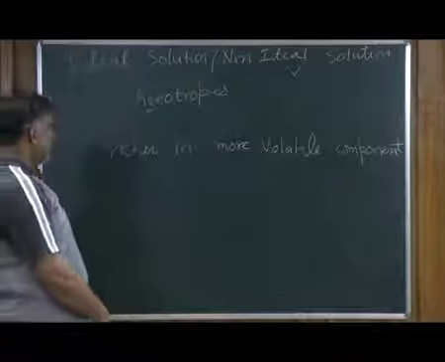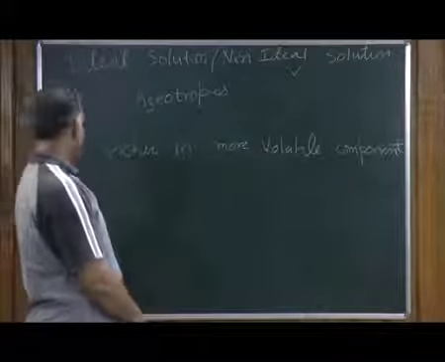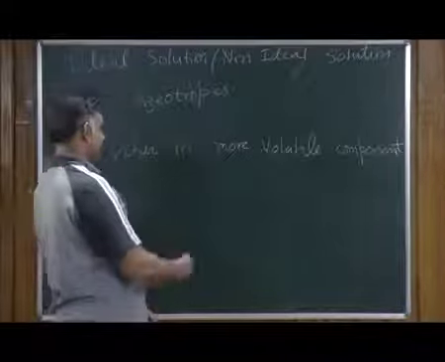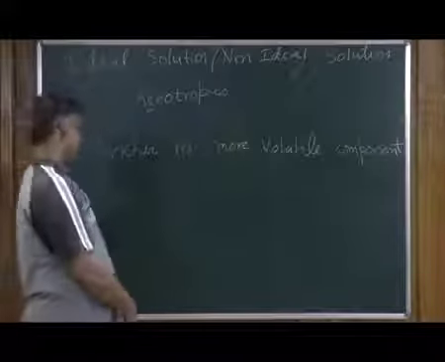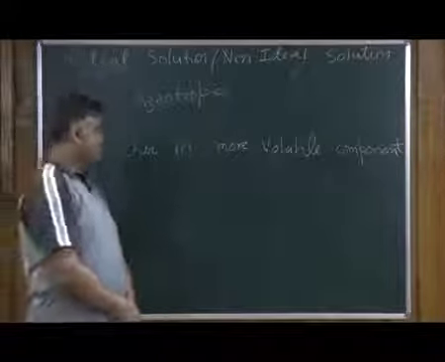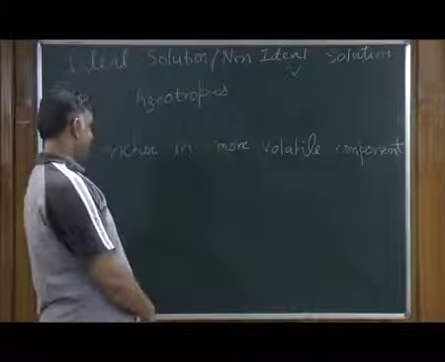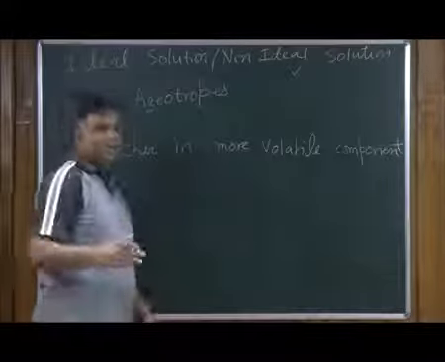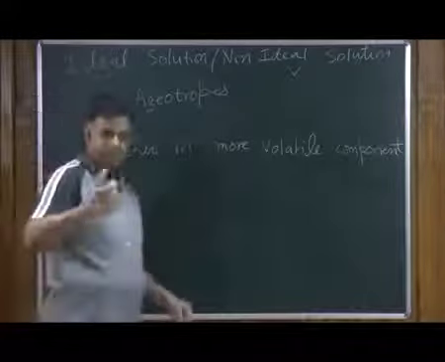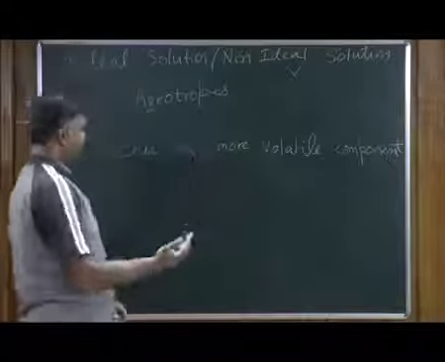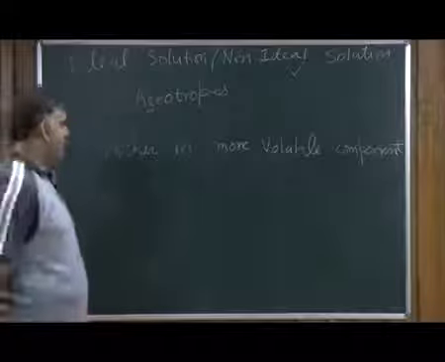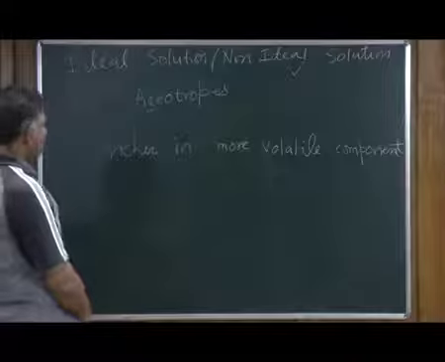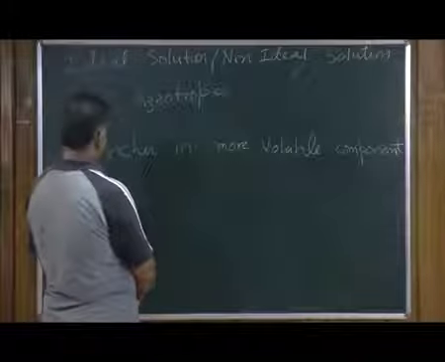And using this property, one can devise a way to separate these two components just by heating the solution, collecting the vapor which is richer in volatile component, condensing it back, again heating it, and the vapor which we are going to get from this condensate is going to be even richer in volatile component, and if we keep on doing it, we should be able to separate out the two components.